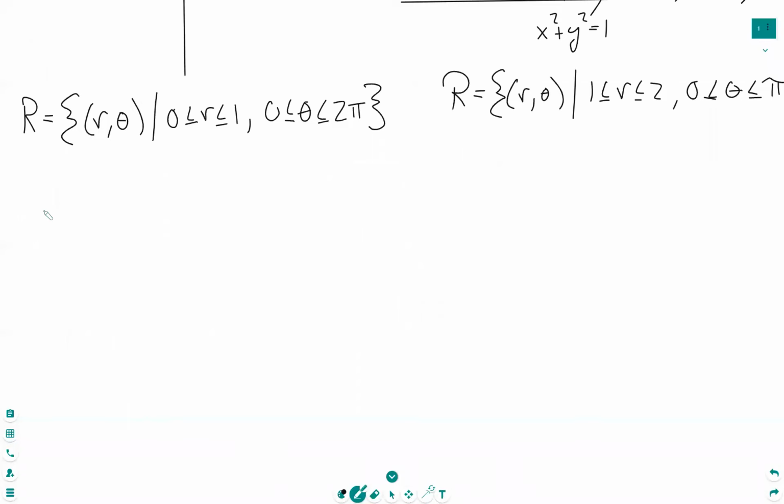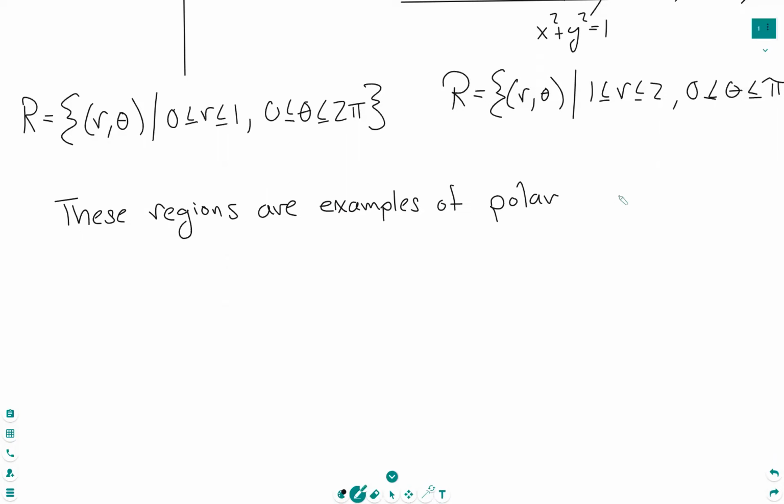So these regions are examples of polar rectangles. All right, so you might be thinking to yourself, what is a polar rectangle? It doesn't look like what I think of as a rectangle, but notice the bounds here.